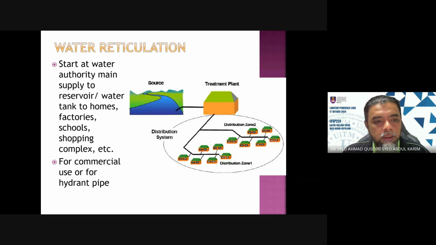So other than that, the water is also used for commercial purposes, for the factories that need water to operate, as well as for fire hydrant.